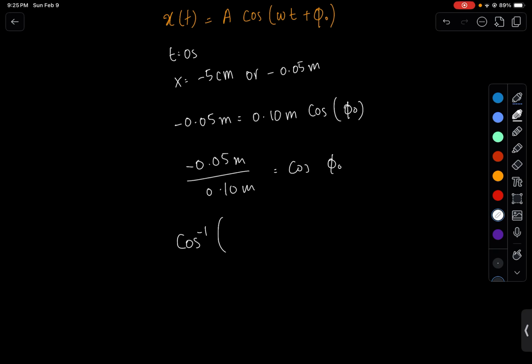Arc cosine of minus 0.5 equals the phase constant, which becomes plus or minus 2.09, or plus or minus 2 pi over 3.